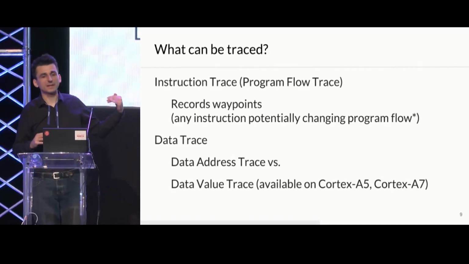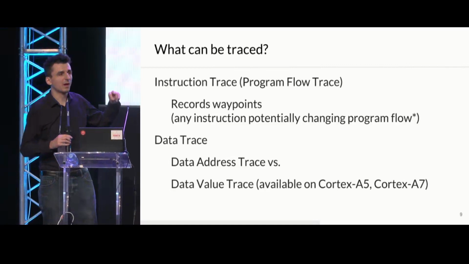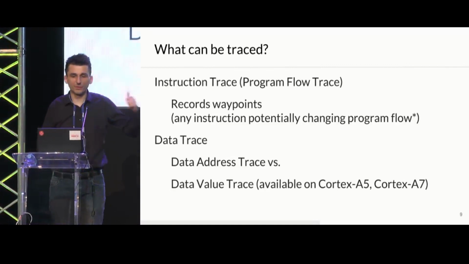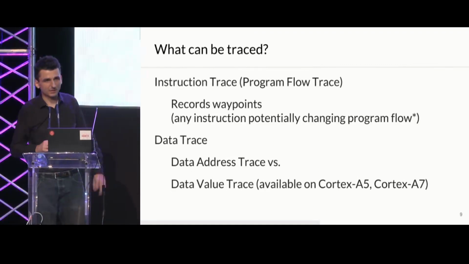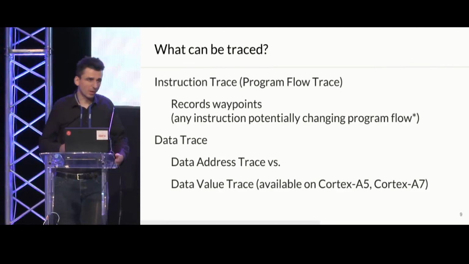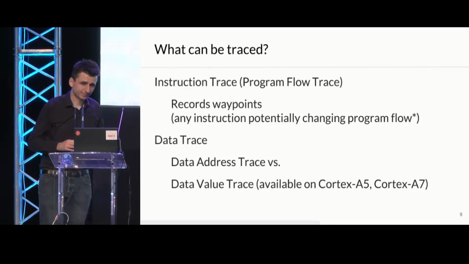The other thing that you can trace is data, and there are two things that can be enabled in the core. The first one is data address trace. That just tells you, hey, someone loaded from this address. But what you usually want is the data values that are being loaded or stored as well.